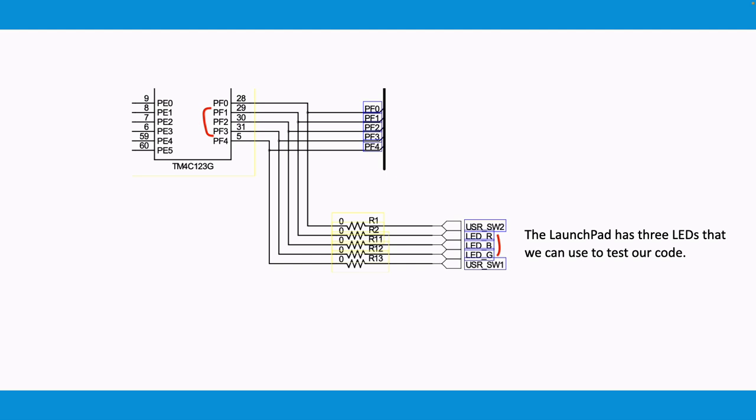So what we have to do is configure port F, bits 1, 2, 3 as output, and then write a 1 or a 0 in those three outputs. We can actually turn on those LEDs or turn them off depending on what we write to the output. So we're going to do that.